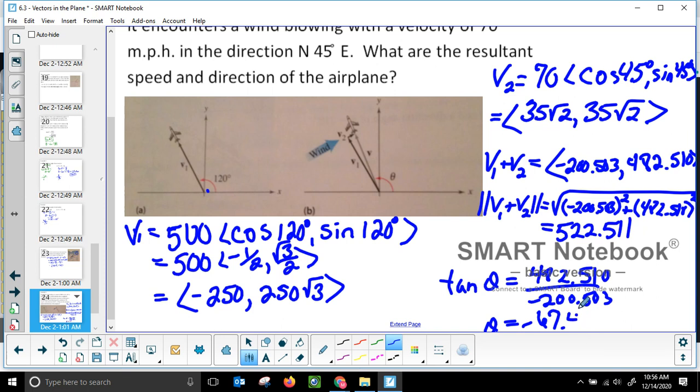So we'll just say 67.4 degrees. That's obviously in quadrant 4, but I know from this picture that I'm in quadrant 2. So if I add 180 degrees to that, I get 112.6. So there's my direction angle, and here is my speed.